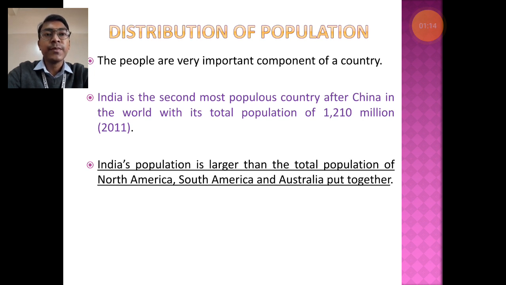And India is the second most populous country in the world after China, and the total population of our country as per 2011 census is 1210 million. So India being the second most populous country of the world with a population of 1210 million is one of the most important nations of the world.